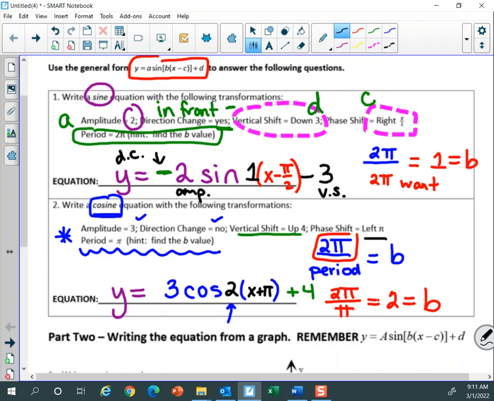Yes, there's more than one way to write it correctly, and you can make whatever notes you need. But some of the things, like the amplitude of 3, have to be multiplied, like it has to be here.